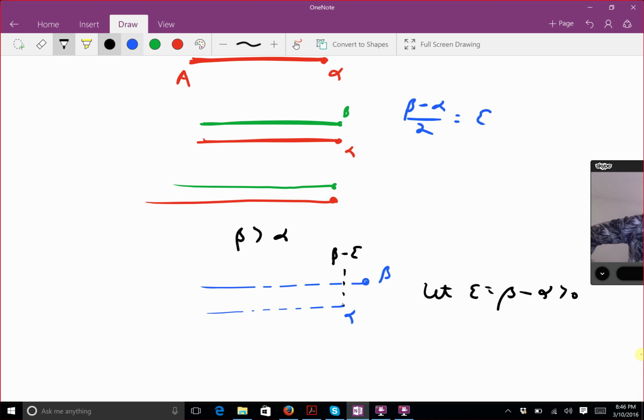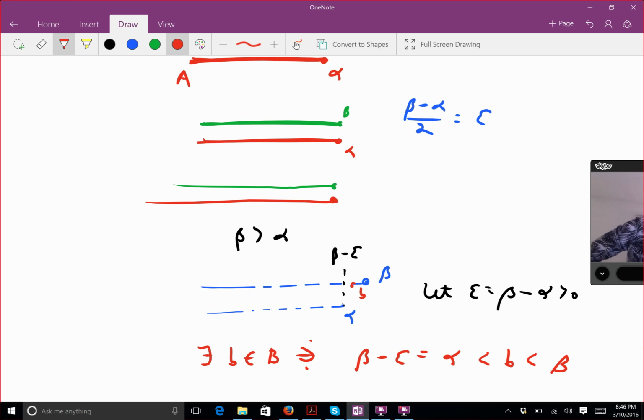Because this is going to lead us to something that doesn't make any sense. So now we know that there exists a b in capital B such that beta minus epsilon, which is equal to alpha, is less than b, which is less than beta.